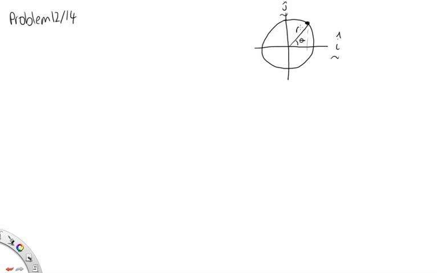It's a distance r from the centre, where r is the radius, and in the x direction it's got a distance r cos theta, and in the y direction or the j direction r sine theta. So to write down the position vector for this, we can write r is equal to r cos theta in the i direction plus r sine theta in the j direction. That's the answer to part A.